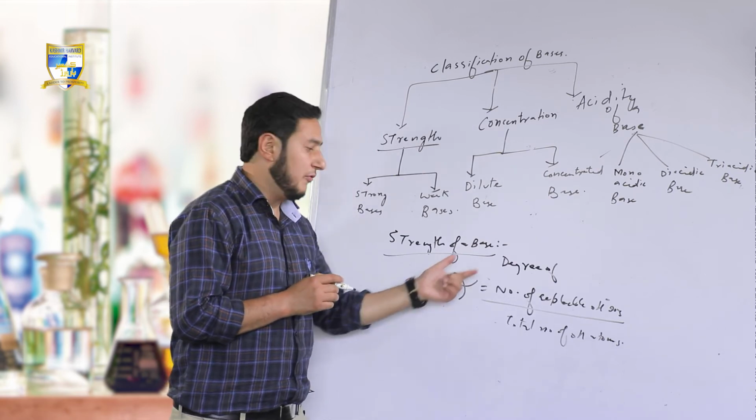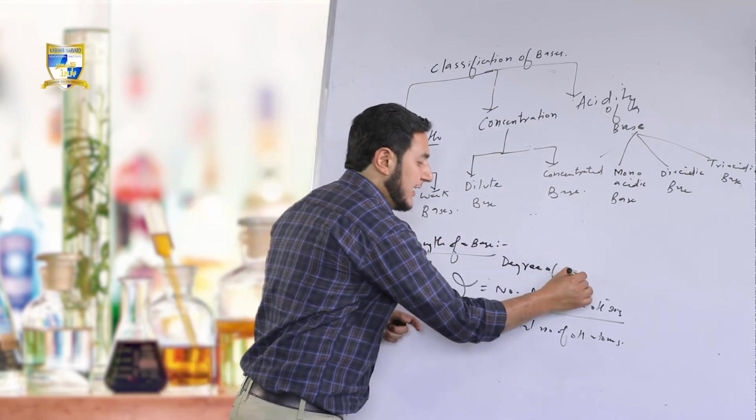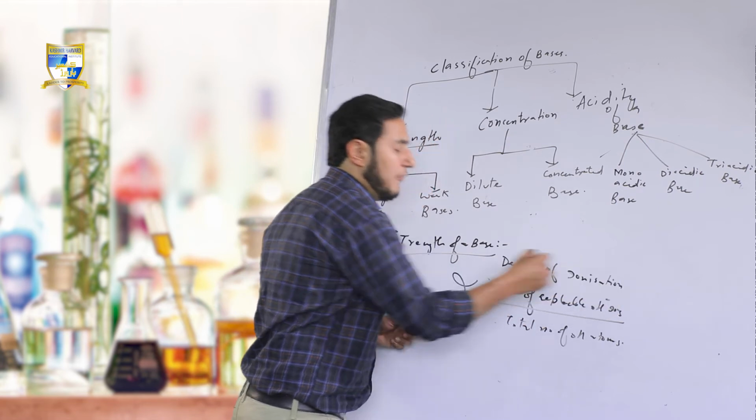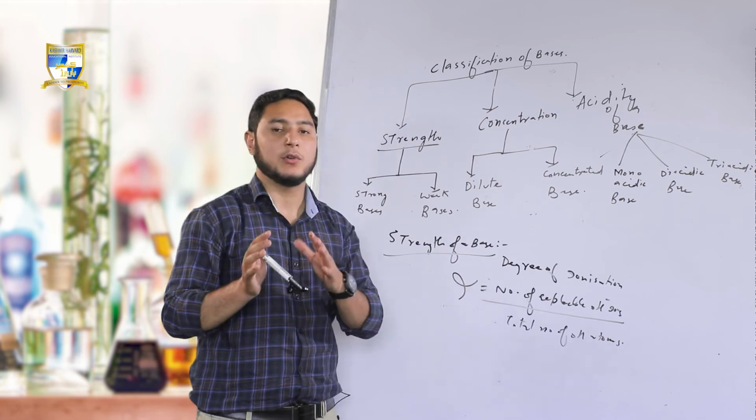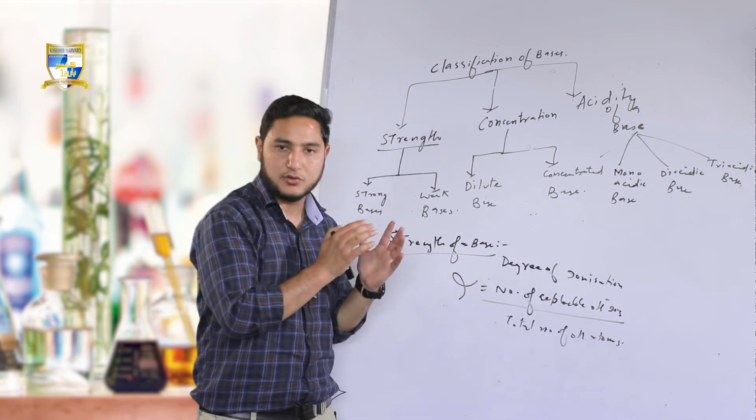If the degree of ionization or degree of dissociation of a base, that is alpha, is equal to 1, the base will be called a strong base.